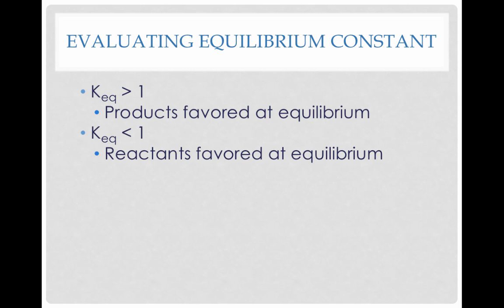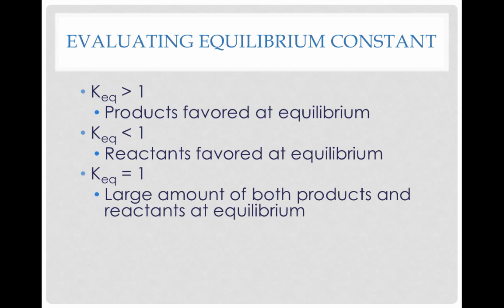So if I calculate a KEQ greater than 1, that tells me in my reaction, in my closed system, I have a greater concentration of product than I do reactant. And vice versa, if my KEQ is less than 1, then I know at equilibrium in my closed system, I have more reactants in there. If KEQ is equal to 1, you have large quantities of both in the system, which rarely happens.